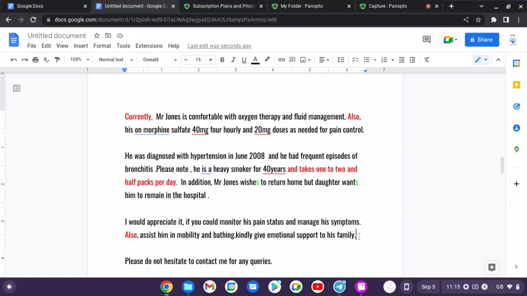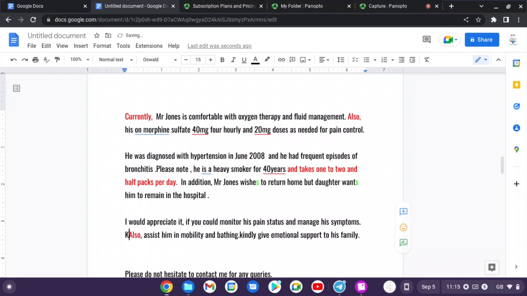So I will correct that sentence fully. So kindly assist him in mobility and bathing, as well as, or along with.